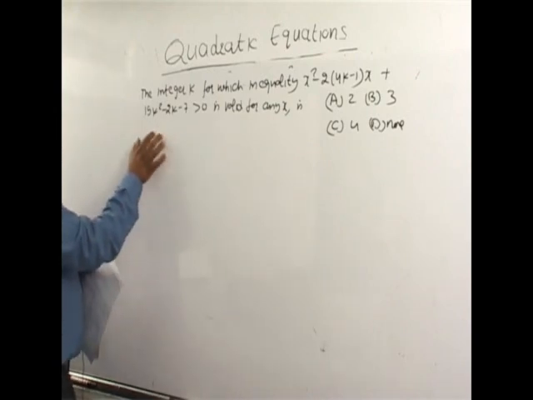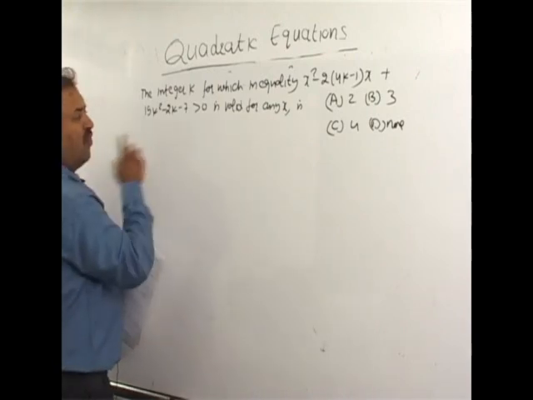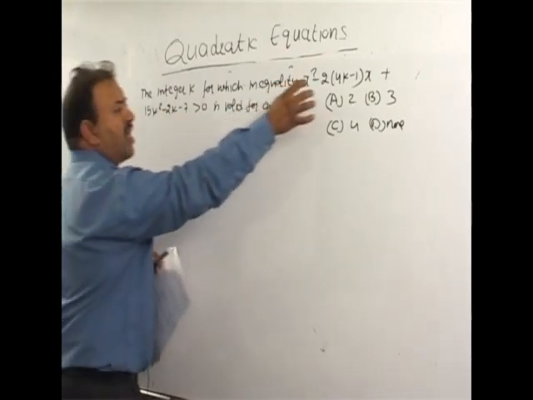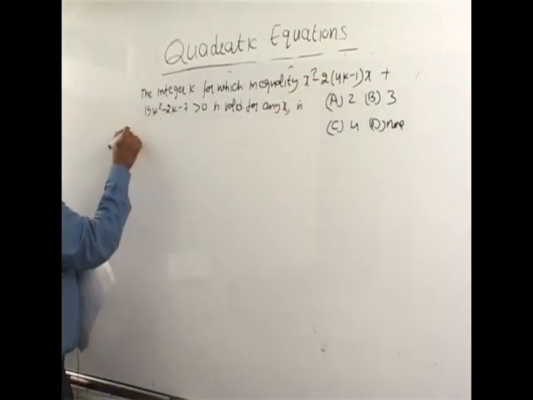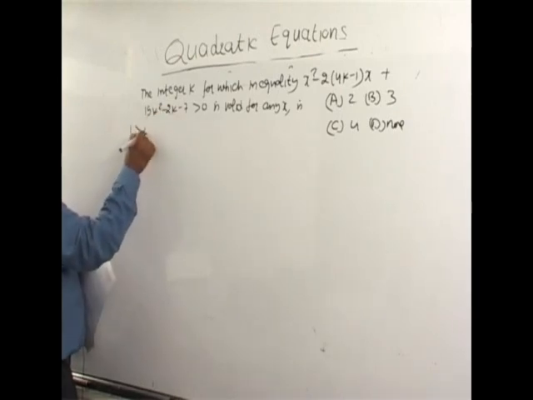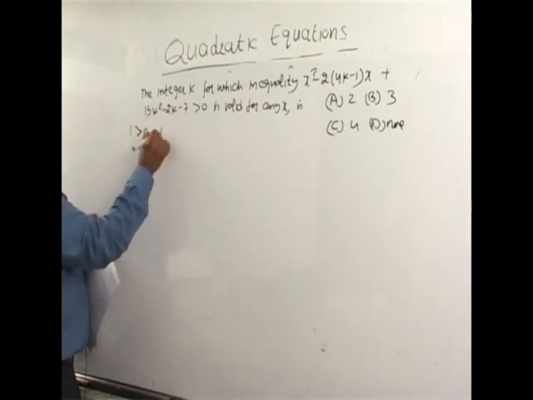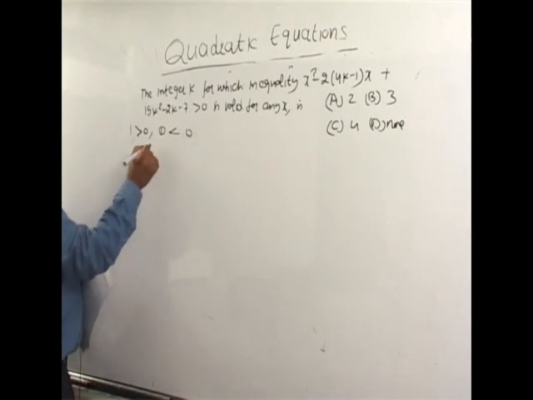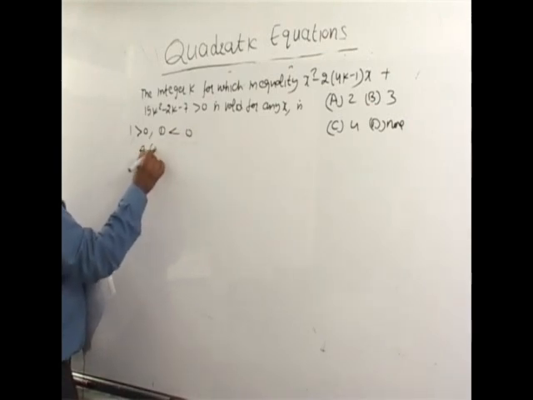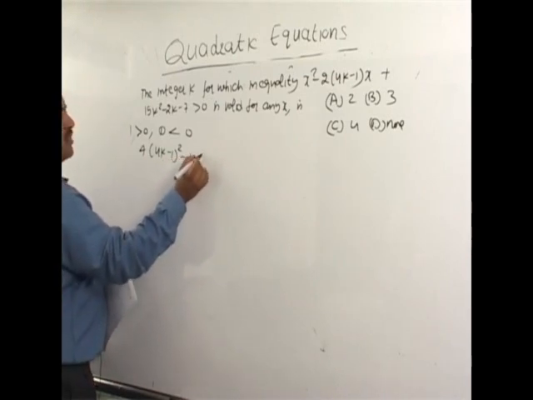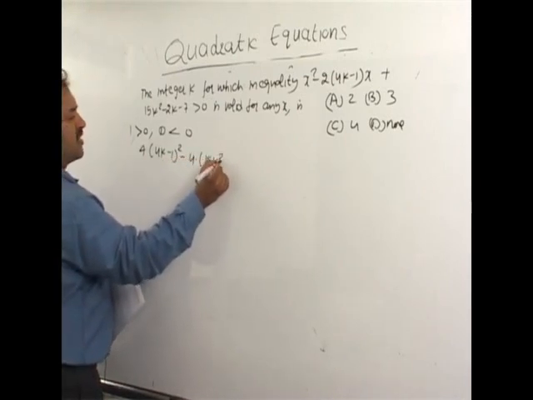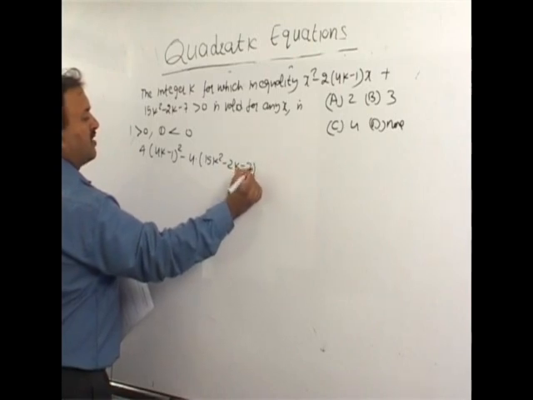The starting will be the same, as we have been given this quadratic expression is greater than 0 for any x. The coefficient of x square is 1, greater than 0, and D will be less than 0. Then we find D: 4 into 4k minus 1 the whole square minus 4 into 15k square minus 2k minus 7 less than 0.